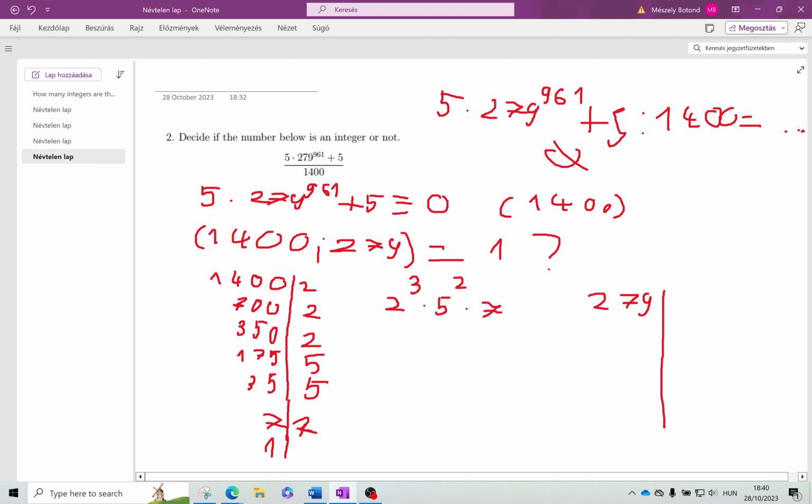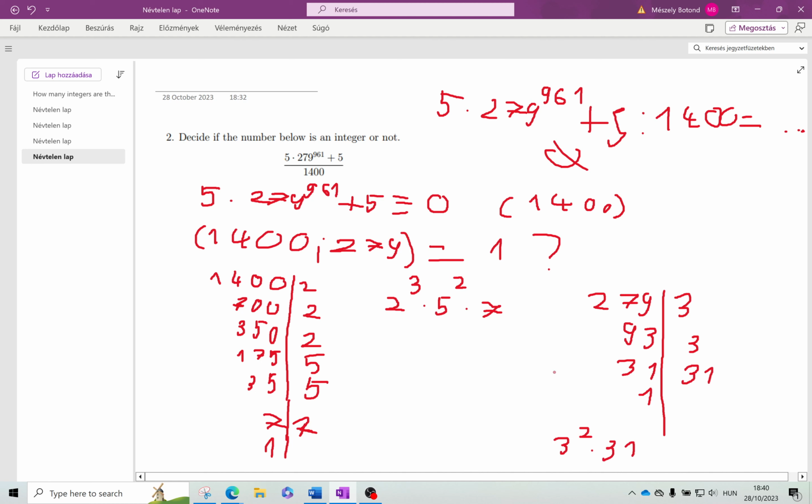And 279, you can't divide it by 2, so you try 3, which you can. It's 93. You can divide by 3 again, 31. 31 is a prime number. So 279 is 3 to the power of 2 times 31.